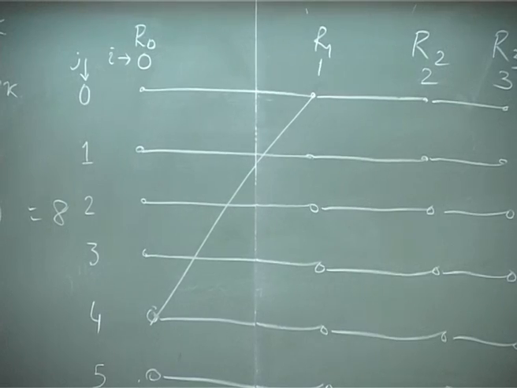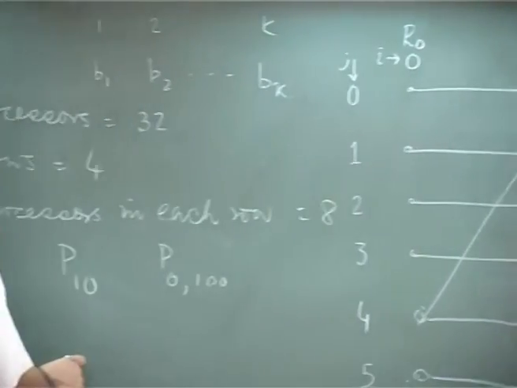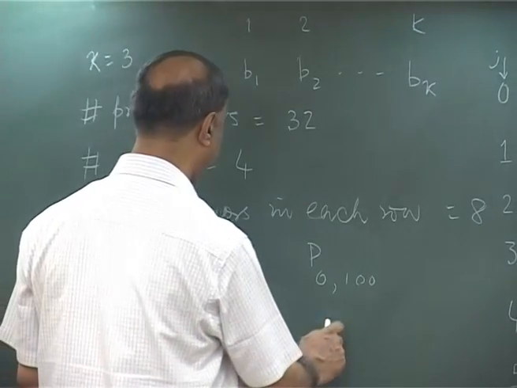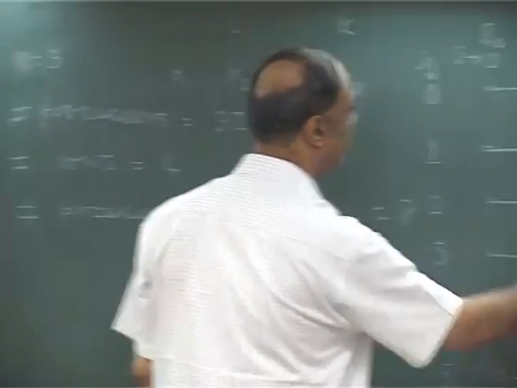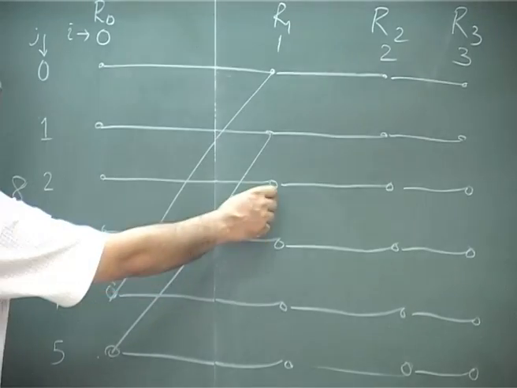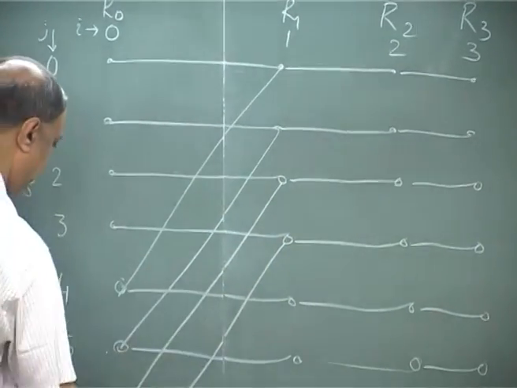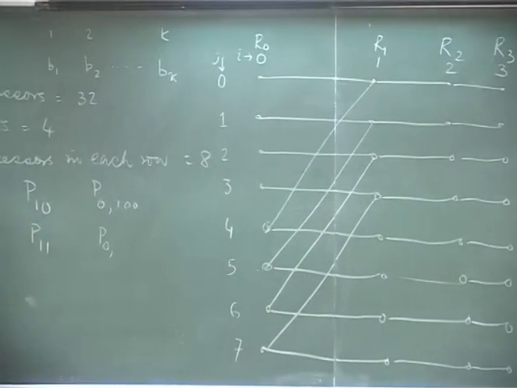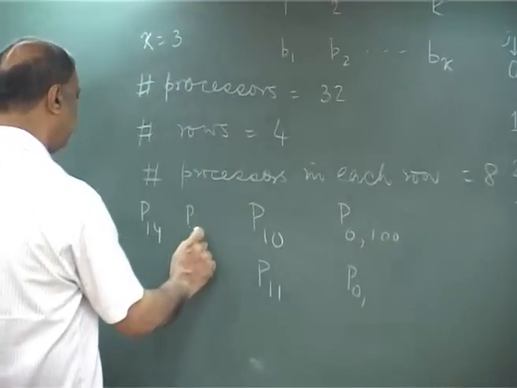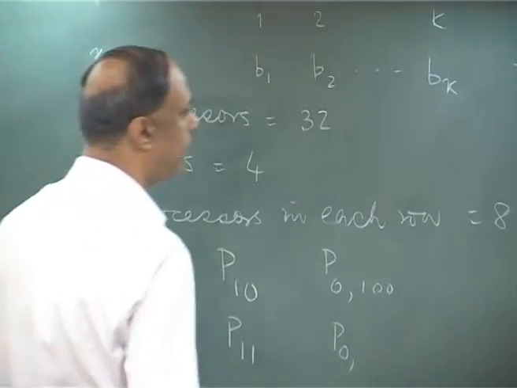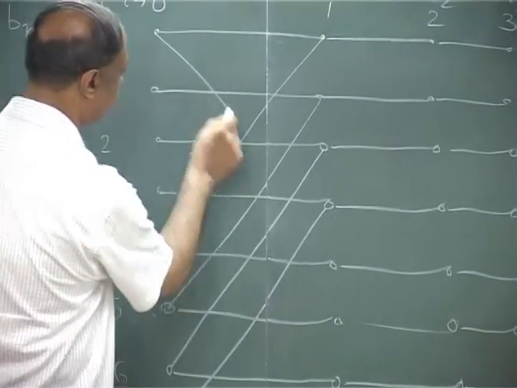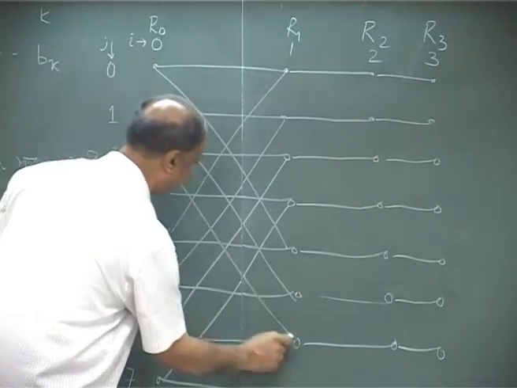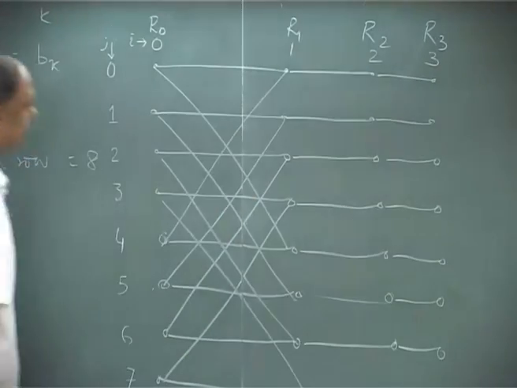Then you have P11, and it will be P05. Similarly, you have P06 and P07. Now P14 is P0 0 0 0, so P14 will be connected to this. Similarly, this will be connected to this, and this will be connected to this.